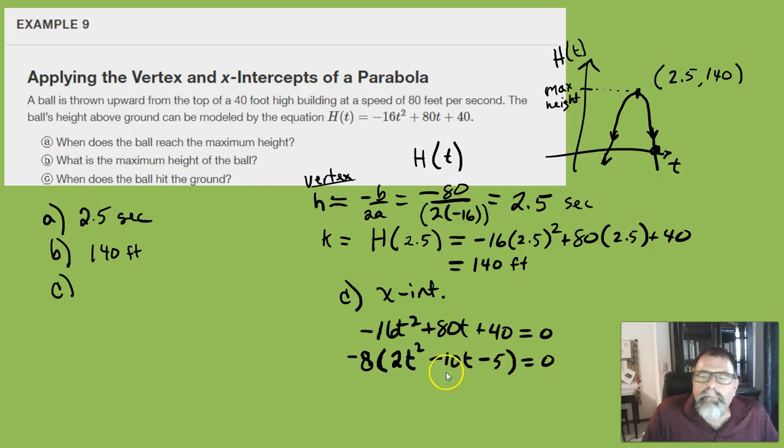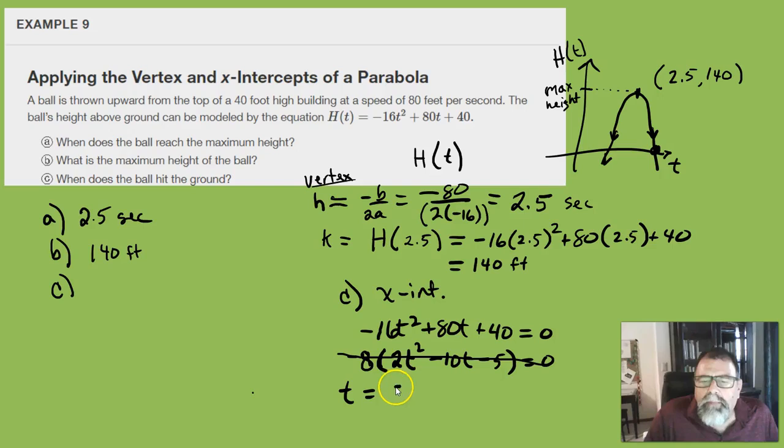I don't think that's going to factor, so I can plug this into the quadratic formula. So let's just cross that one out and plug this into the quadratic formula.